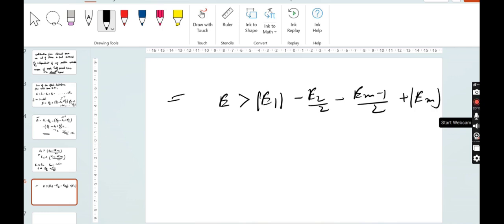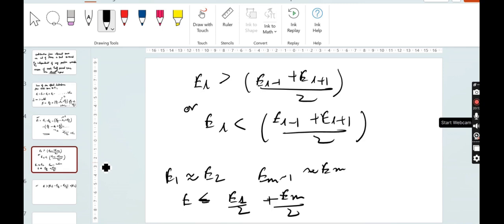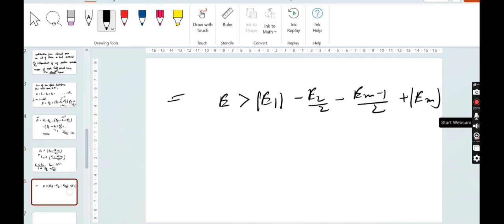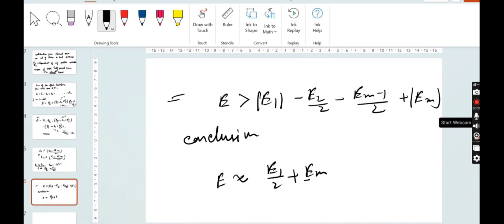So whatever the reason, when you approximate like this, E1 is almost equal to E2, E_(M minus 1) is almost equal to E_M. The conclusion is that E is almost equal to E1 by 2 plus E_M by 2.